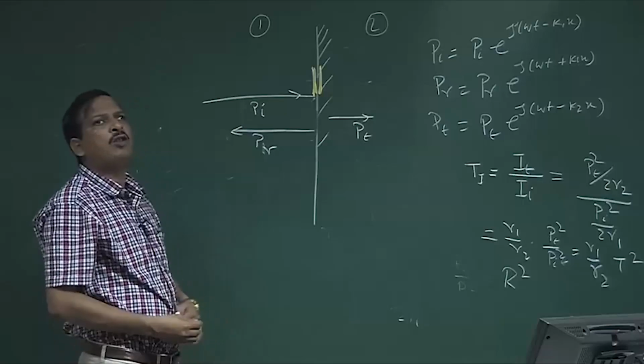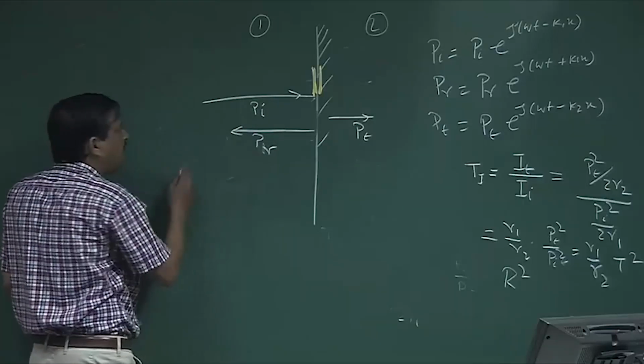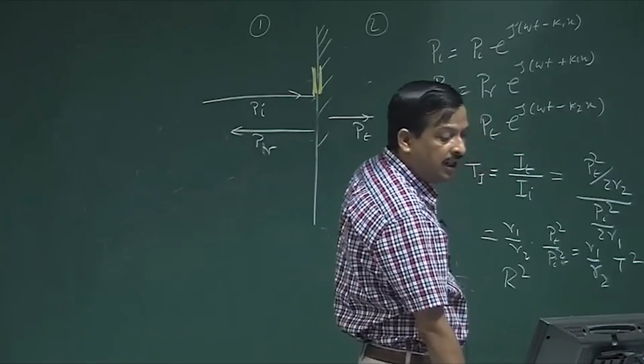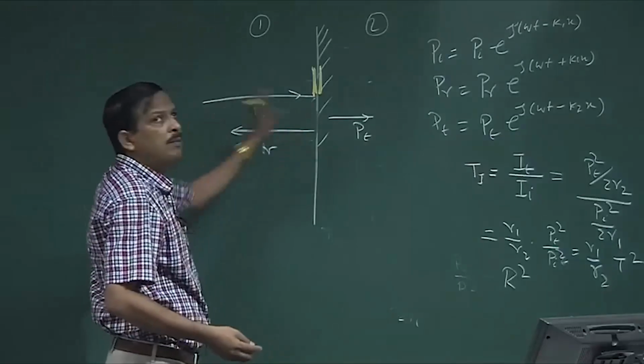So, both sides the pressure will be equal. This is boundary condition 1: the acoustic pressure on both sides of the boundary must be equal.